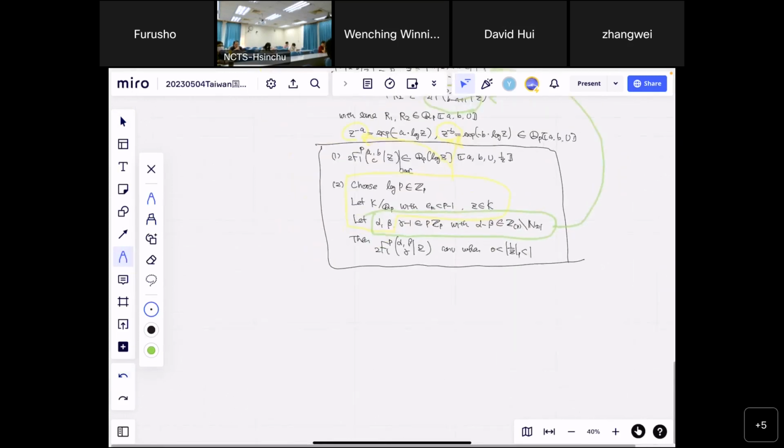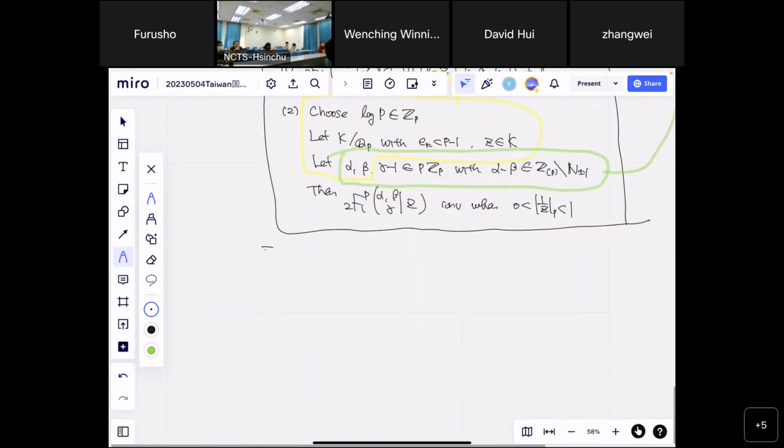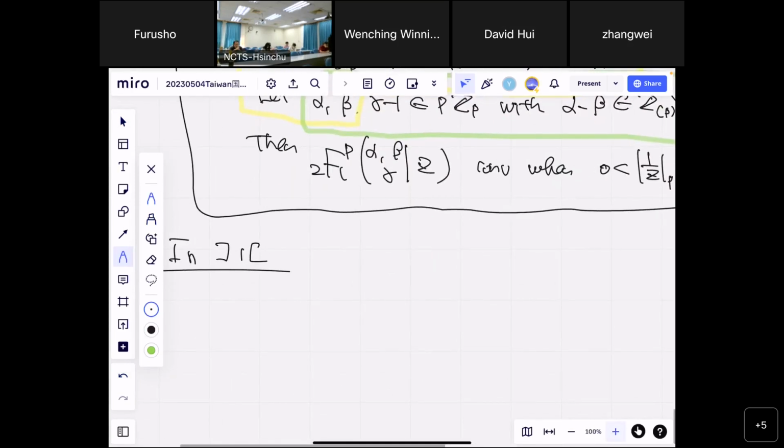In the last few minutes, in the neighborhood of 1, the argument is a kind of similar argument using the functional equation. We have a functional equation of the p-adic multiple polylogarithm.